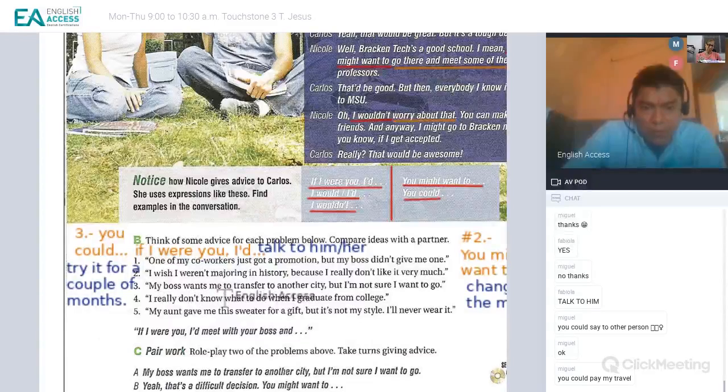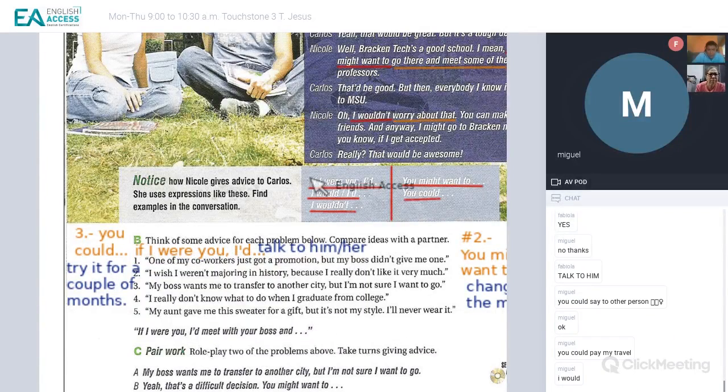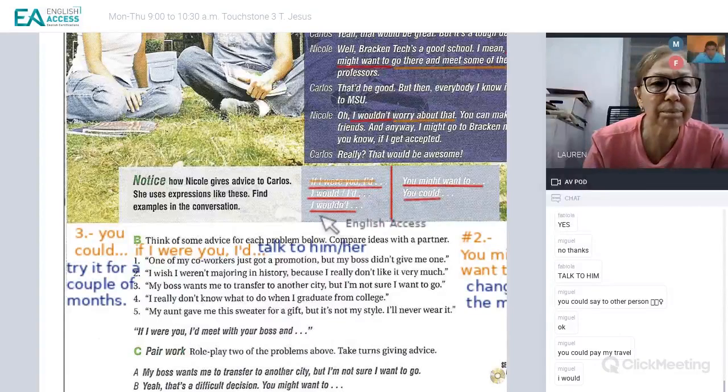Now, number 4. I really don't know what to do when I graduate from college. This is a typical one. I don't know what to do when I graduate from college. So, Fabi, what can you tell this person? Now, we already checked if I were you, so this one is checked.